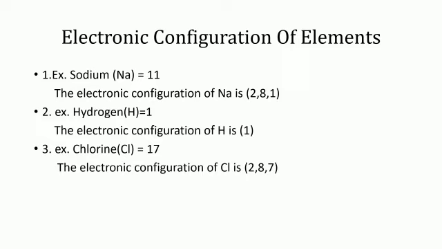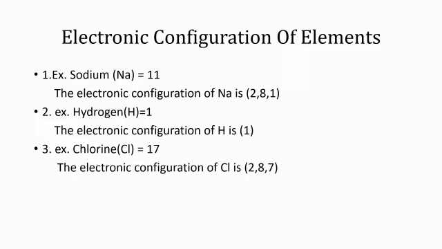We know that in the K shell only 2 electrons can be added. So the K shell has 2 electrons. Now 9 electrons are remaining. We have also studied that in the L shell only 8 electrons can be added and not more than that.